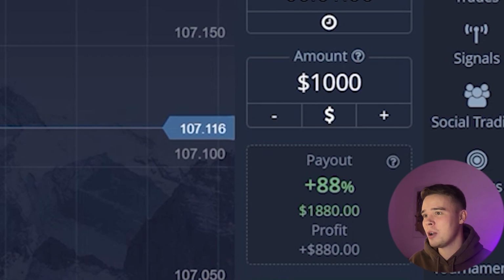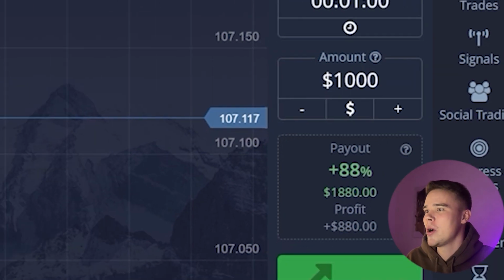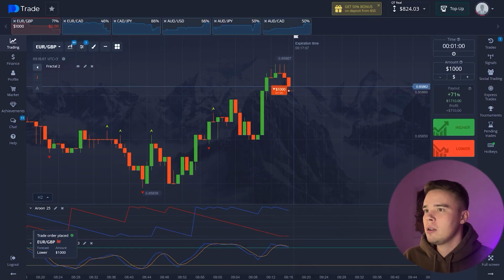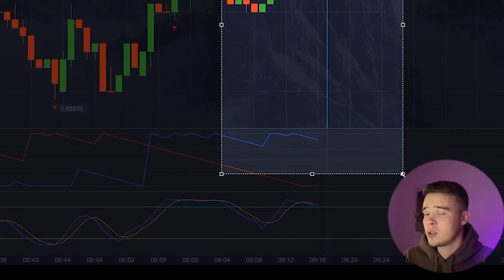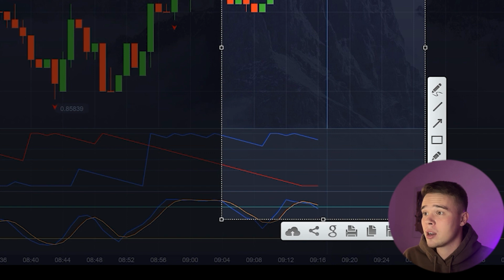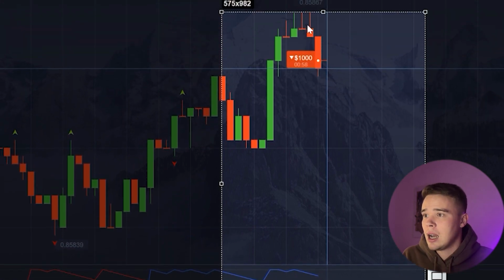Now I raise the amount to 1000 and we keep going. The new trade will be on the downside, but there are no signals here at all. Let's watch. The blue line confidently crossed the level of 80 from top to bottom, which indicates a possible price decline. Now look here.